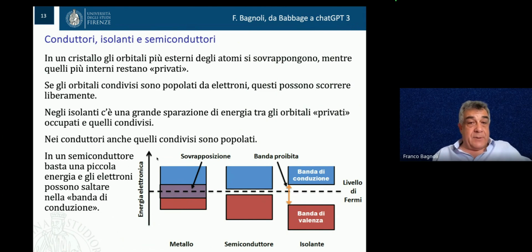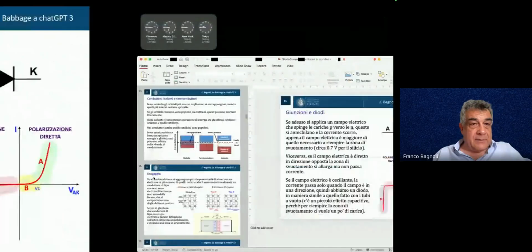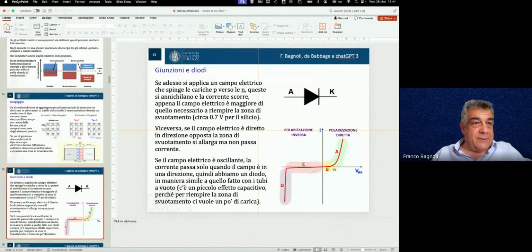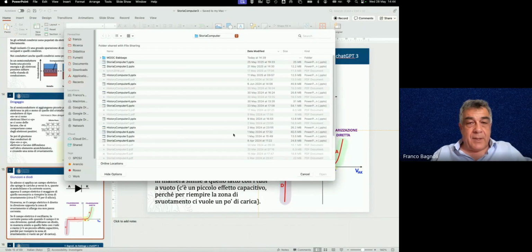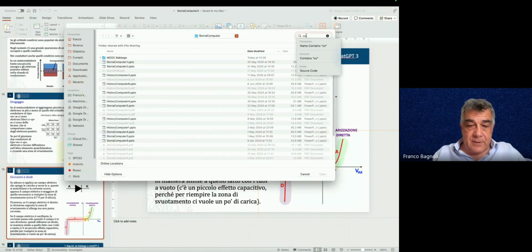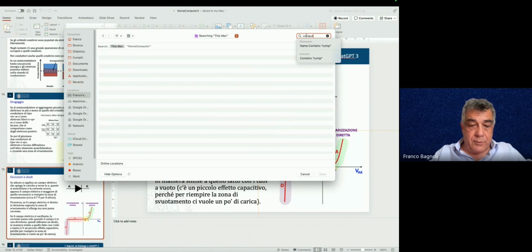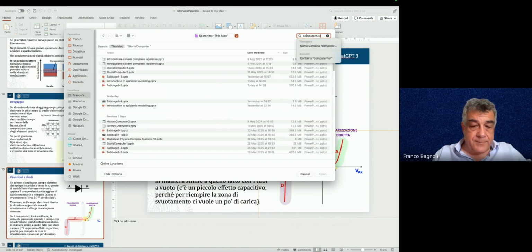So we have... this is in Italian. Why? Maybe I'm wrong. I have opened the Italian version of the slides. Computer history.